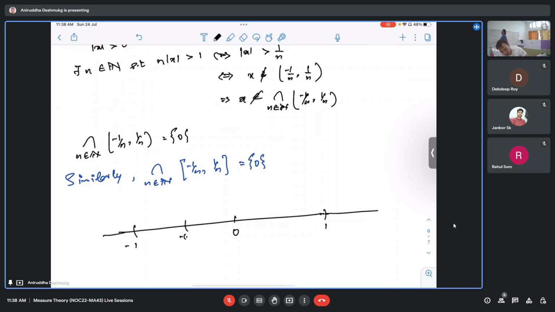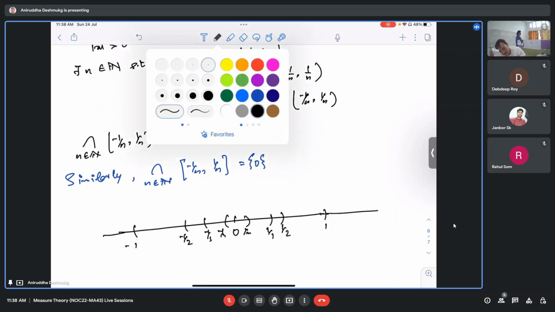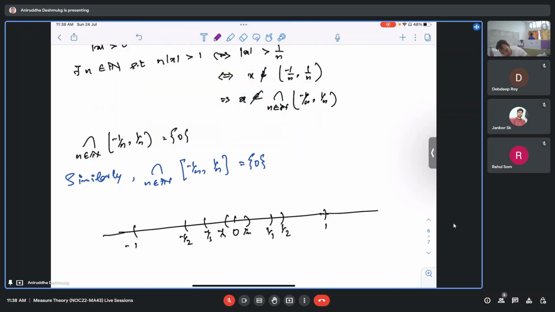The second one would be minus half to half. The third one would be minus 1 by 3 to 1 by 3, and so on. This just keeps on shrinking. So if I take any x other than 0, if x is somewhere here, I can always find some even bigger n for which I have a still smaller interval, so x comes outside that interval.